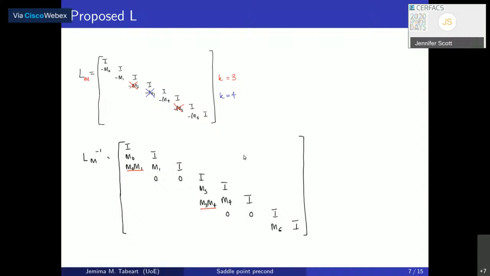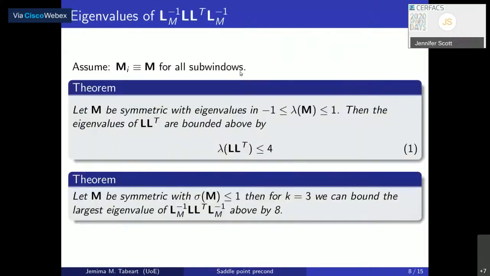So this seems like it could be a nice idea, but is it actually any good? So the first thing I'm going to do to assess whether this is sensible is think about the eigenvalues of my system. So firstly, I'm going to look at this product here, and the idea is that if L_M is a good preconditioner, then we'll expect these eigenvalues to be close to 1.